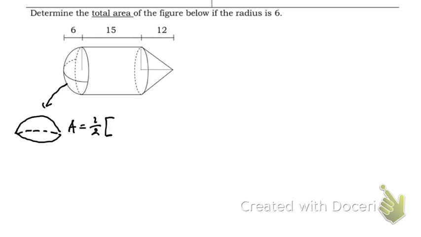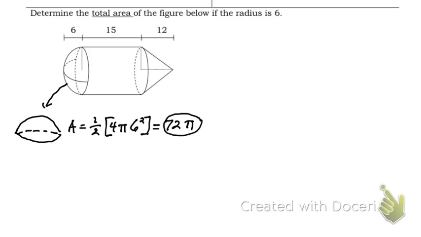Well, we said a sphere was 4 times pi r squared. In this case, we'll have 4 pi times 6 squared, and half of that should equal 72 pi. So that top hemisphere is 72 pi.